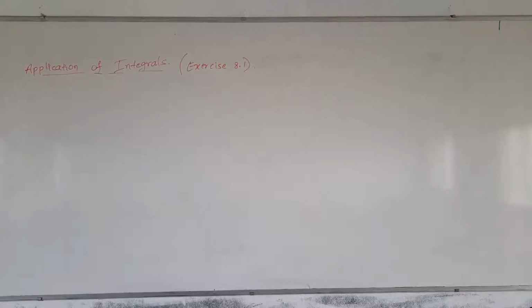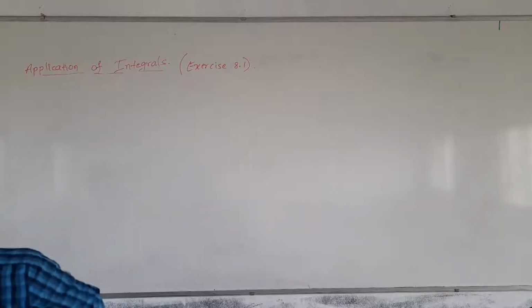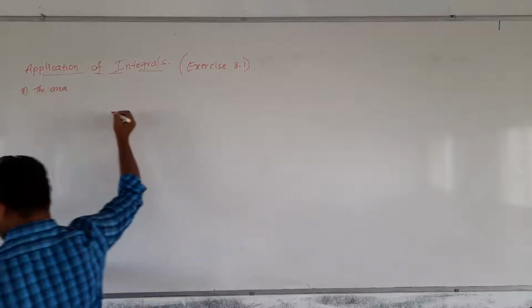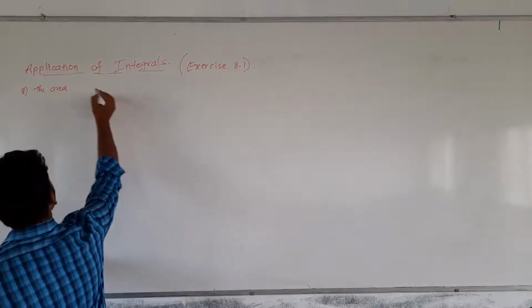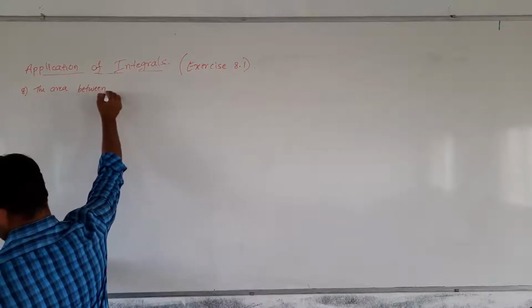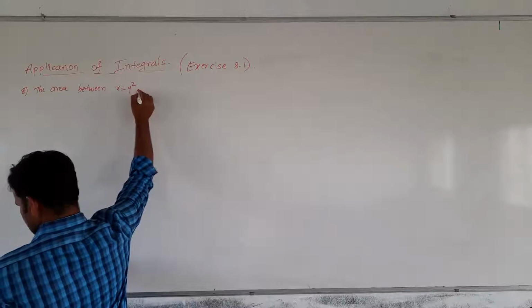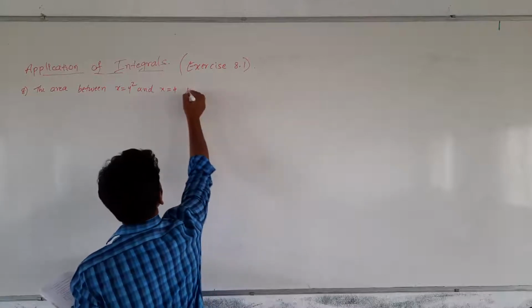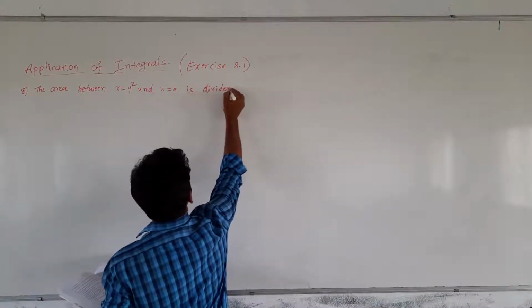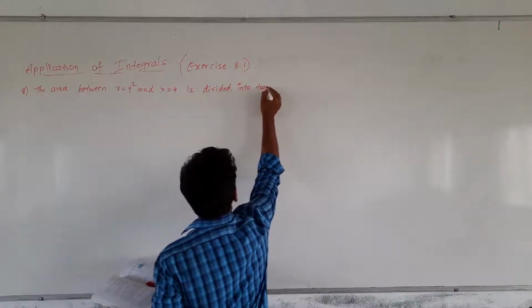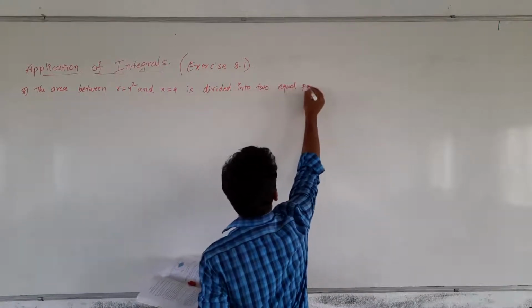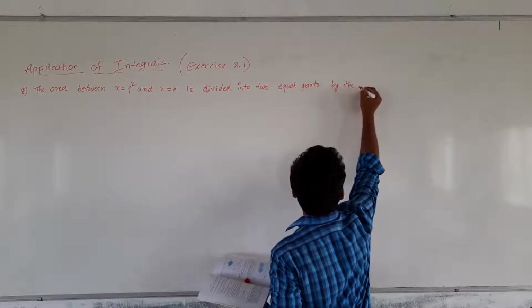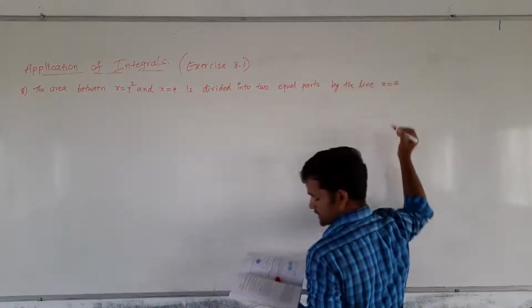Question number 8 is: the area between x is equal to y square and x is equal to 4 is divided into two equal parts by the line x is equal to a.